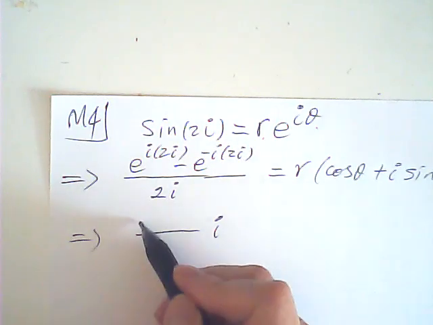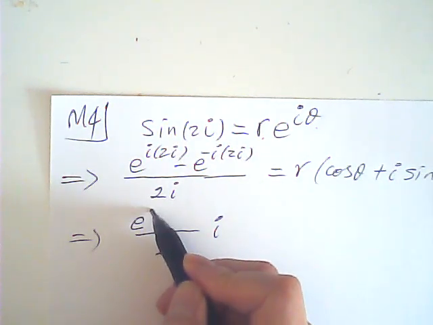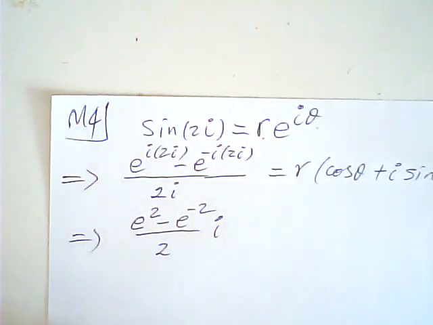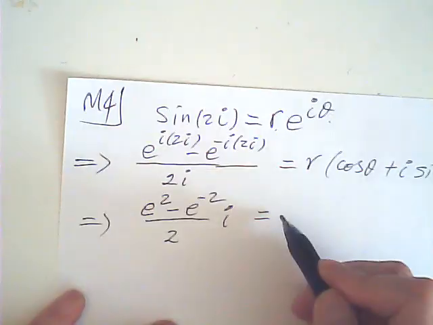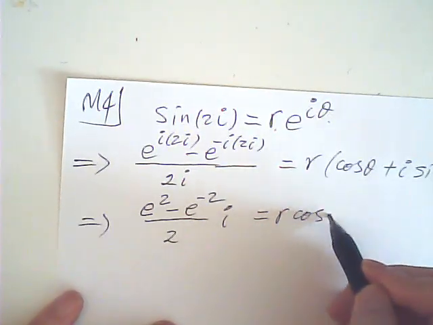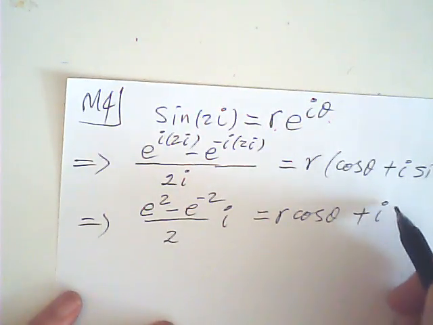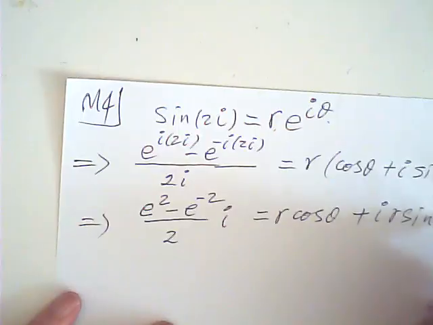Change the sign, becomes e squared minus e to the negative 2. Yeah. This is equal to r times cosine theta plus i r sine theta.